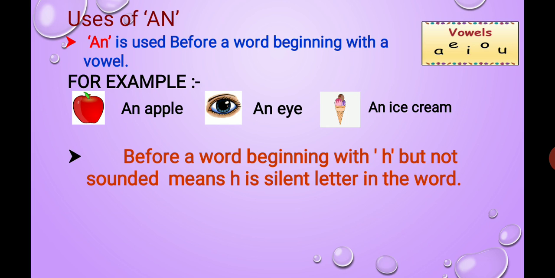H, as we know, is a consonant. But in some words H is silent, and the pronunciation begins with a vowel. So we will use an before this type of word. Do you know this type of words? Which are these words? Let's see in examples.